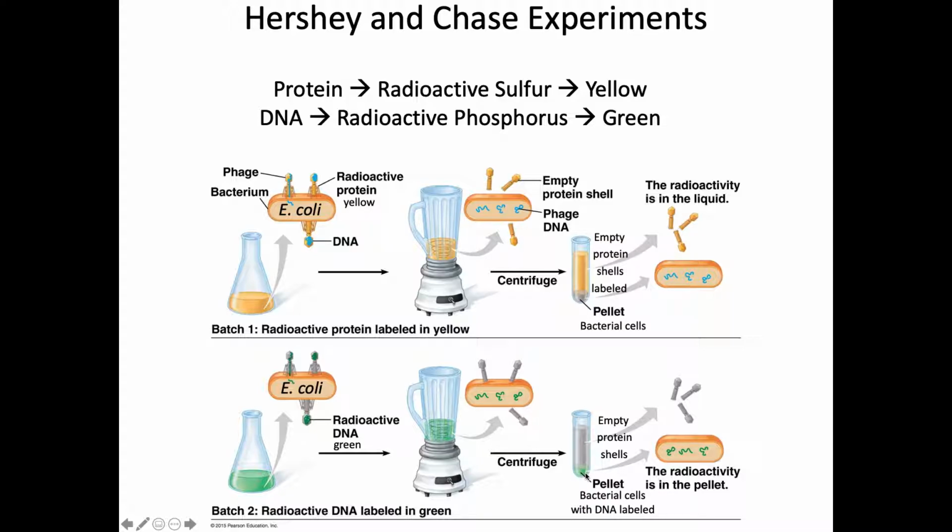It appeared green, so that means that the DNA entered the bacterial cells to make it a green color, whereas your protein shells, the protein coats, are not radioactively labeled. They didn't enter the bacteria. So this is how they proved that it was DNA that is the genetic material that entered the bacteria and was used to replicate things.